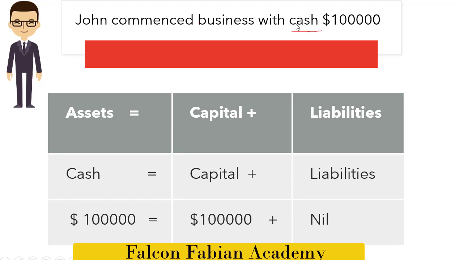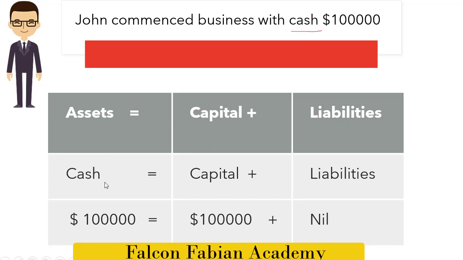Now here, cash has come into the business and cash is an asset. It is a resource for the business. Therefore, cash will come under assets and this cash is capital which the owner has invested in the business. So under assets, you will write cash, which is 100,000, and under capital, you would write 100,000.